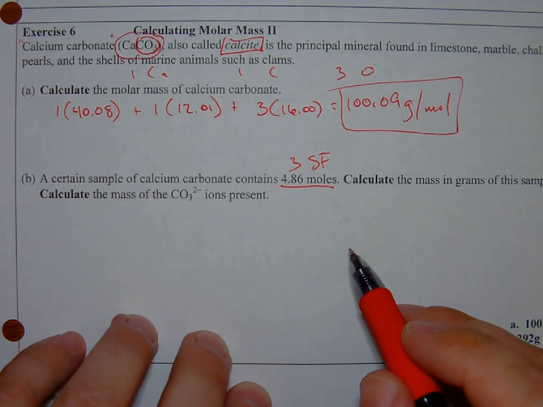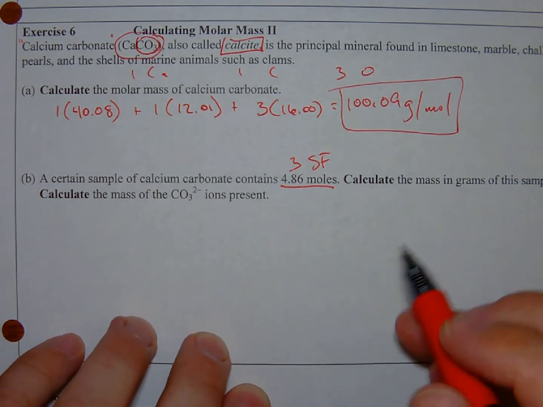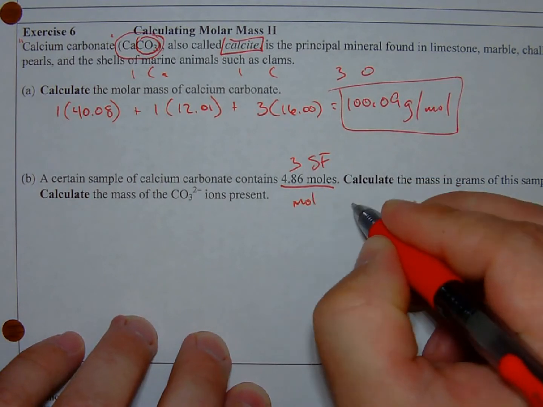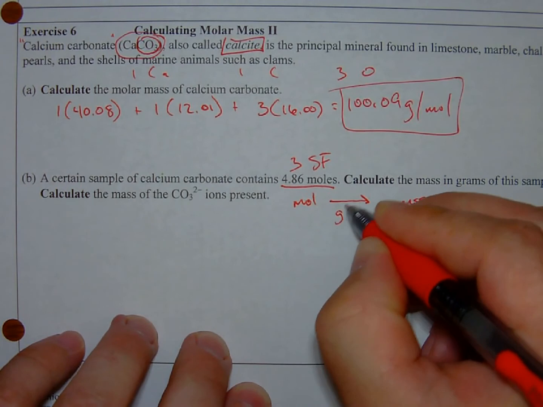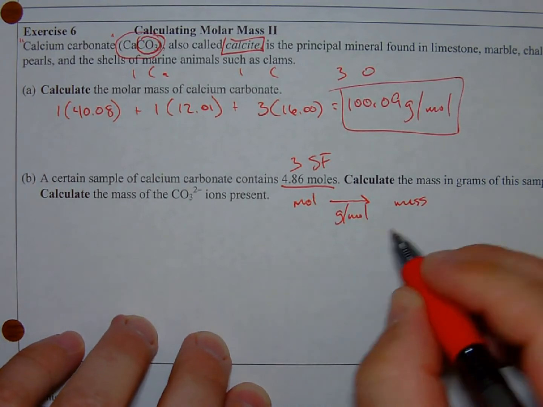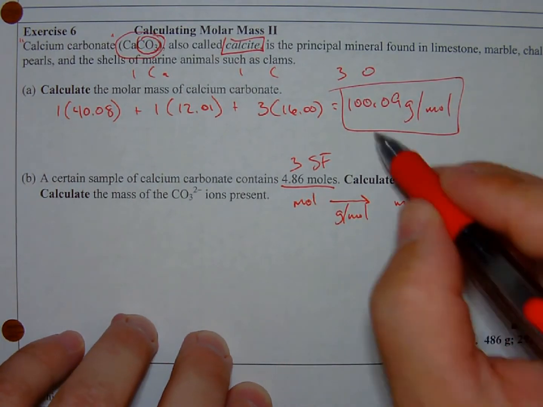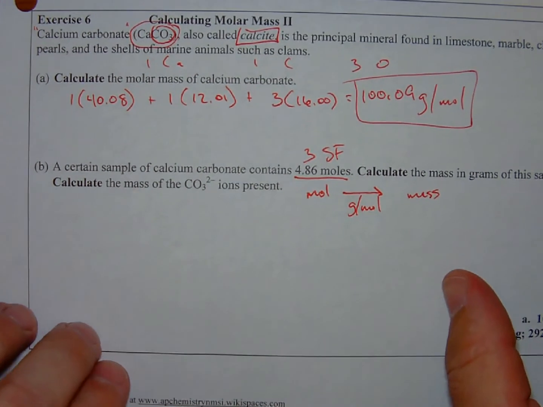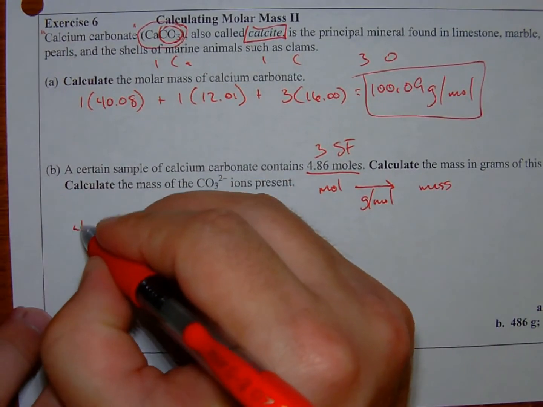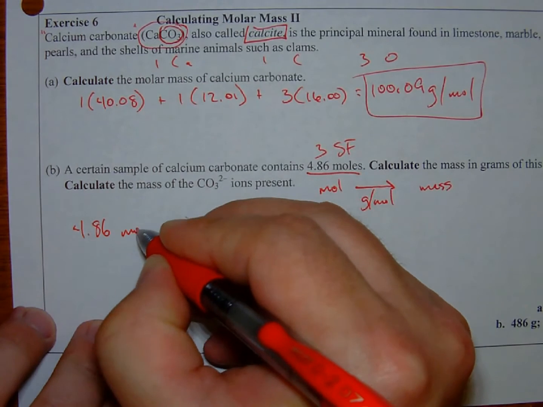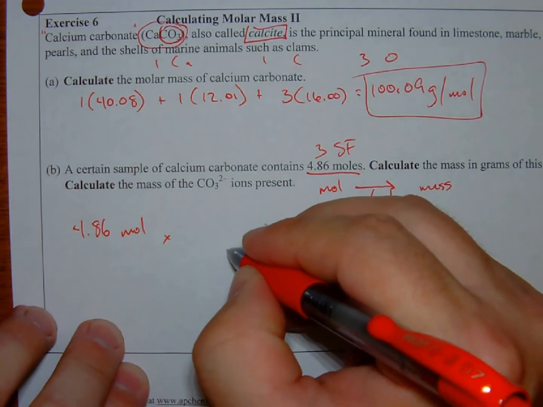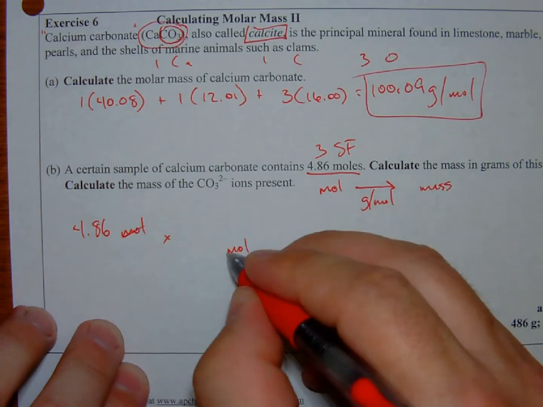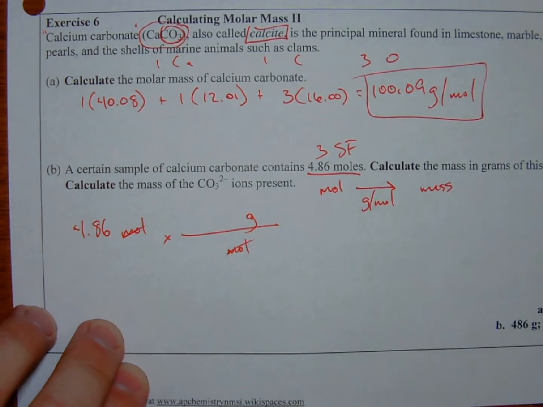Well, in exercise 6, we found that if we're going from moles to mass, we need to use the molar mass, which is the grams per mole. Well, good for us. Guess what? We just calculated that. So we're going to start with the 4.86 moles. Set up our conversion factor. Moles is going to be on bottom so that they cancel. That'll leave grams on top.